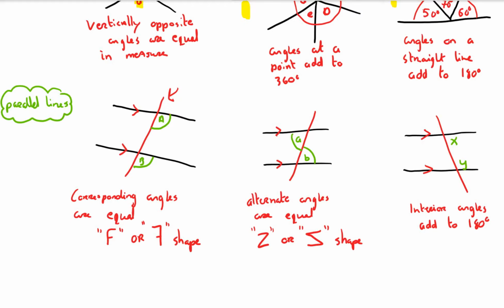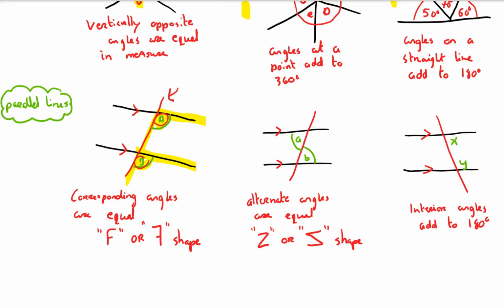For instance, these angles here are the same. They're called corresponding angles. We look for the F shape. So if you look for the F here, and the angles underneath the F, so here and here, they're the same.